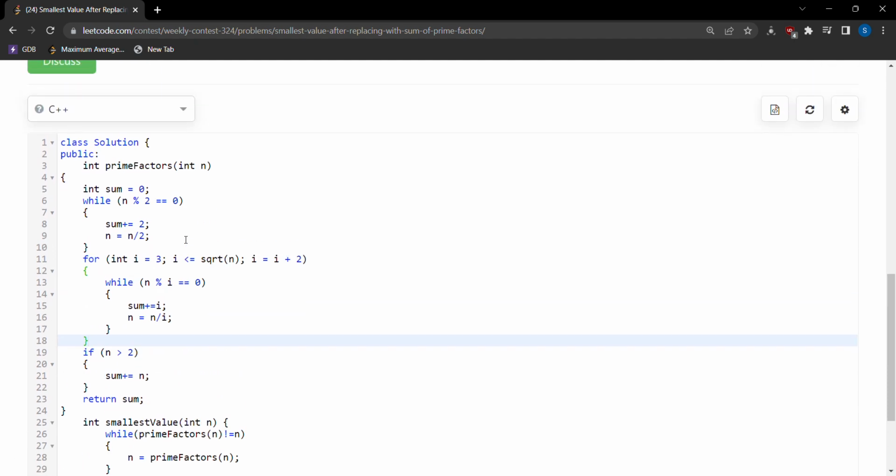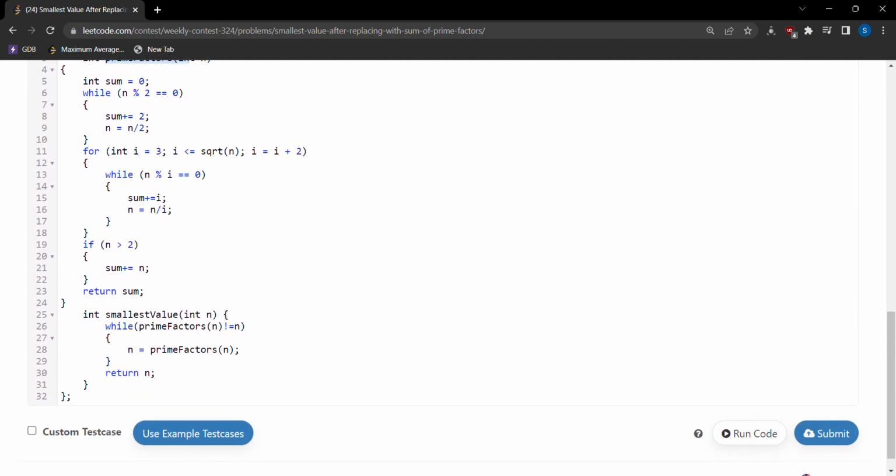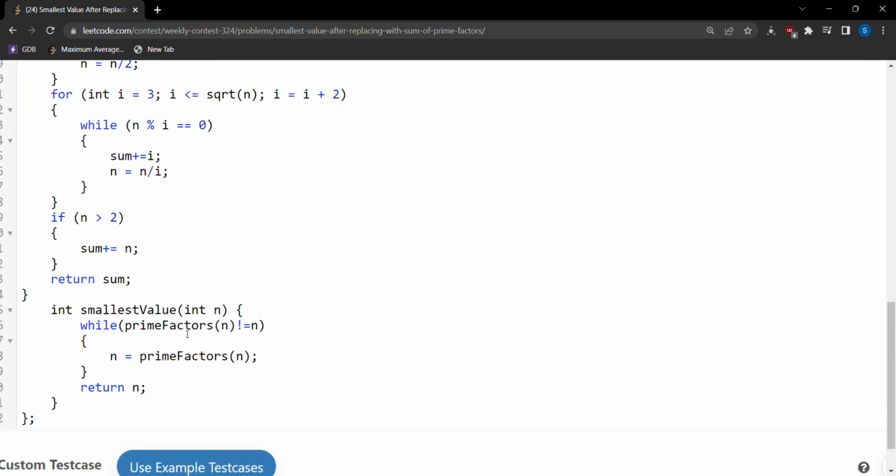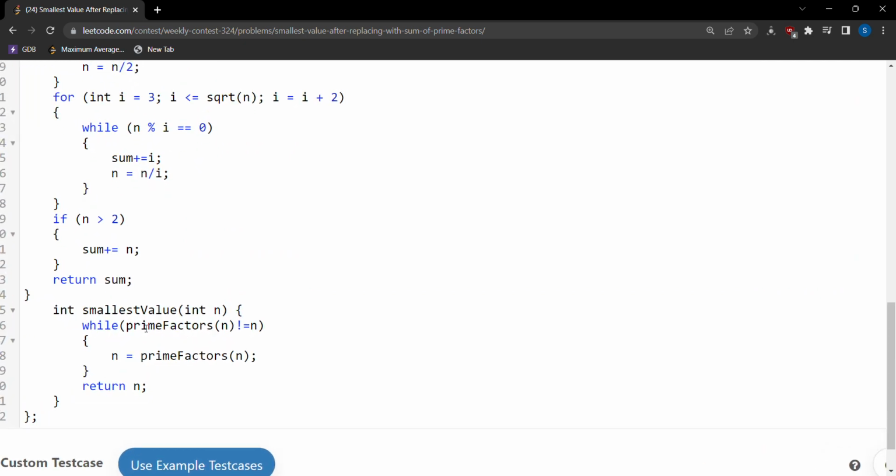Our particular prime factor function is calculating the sum of prime factors, right? So I am ending this loop when the prime factor function of n, that is the sum of prime factors of n, is equal to n. Why am I doing this? Because if we don't do this, this particular loop will run infinite times, right?